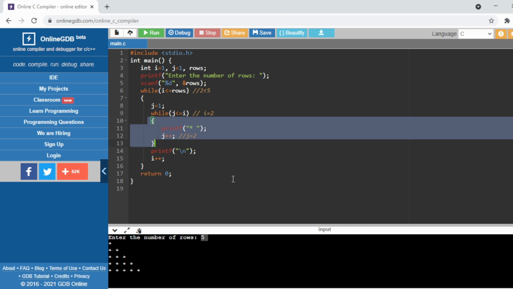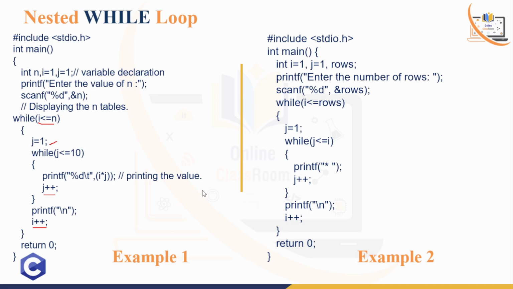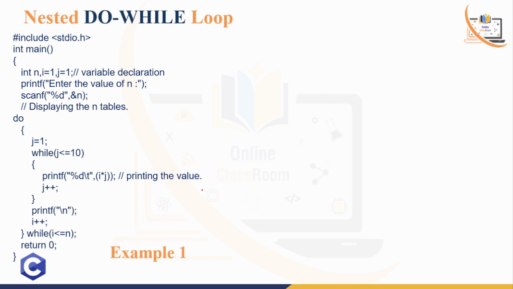Like the for loop. Now the question is, if we want to write the same code in the do while loop, is it possible? Yes, it is possible. So the writing style will be more or less the same, but in the do while loop, the first time we have to write do and the condition checking will be last, right? So this is the structure of the do while loop.